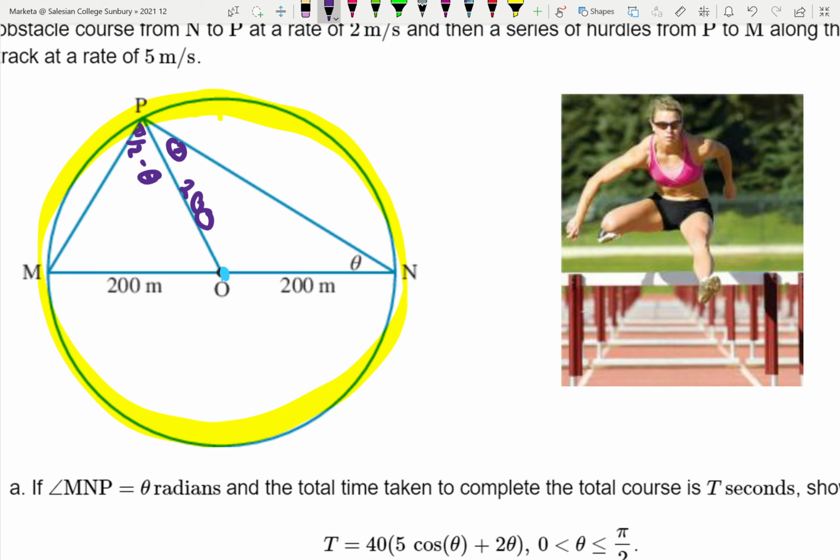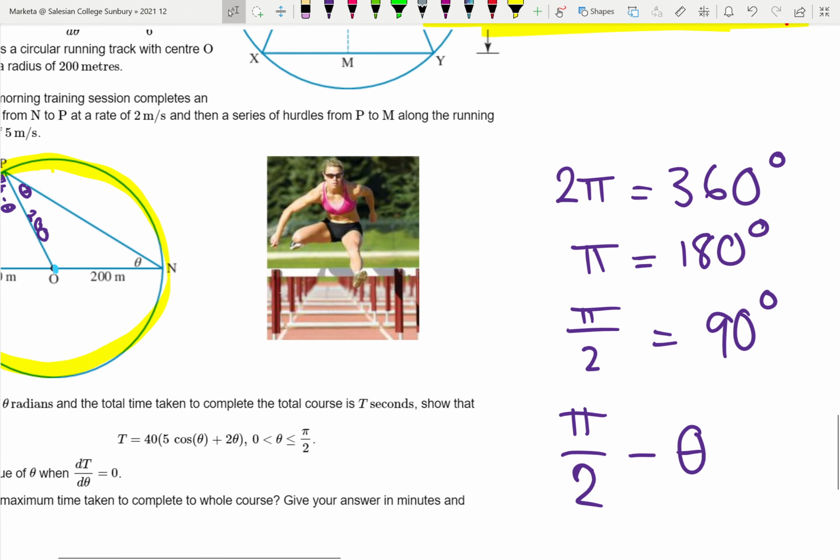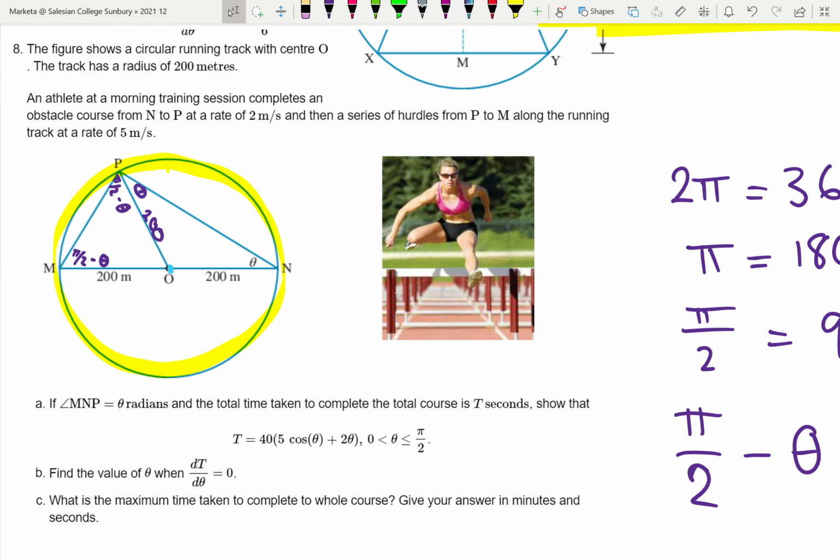Now, furthermore, this is also a triangle with two sides the same length. So that means that here must be pi on 2 minus theta as well. And look, we can add the other ones in. The whole triangle being 180 degrees is pi, so this angle is pi minus 2 theta.